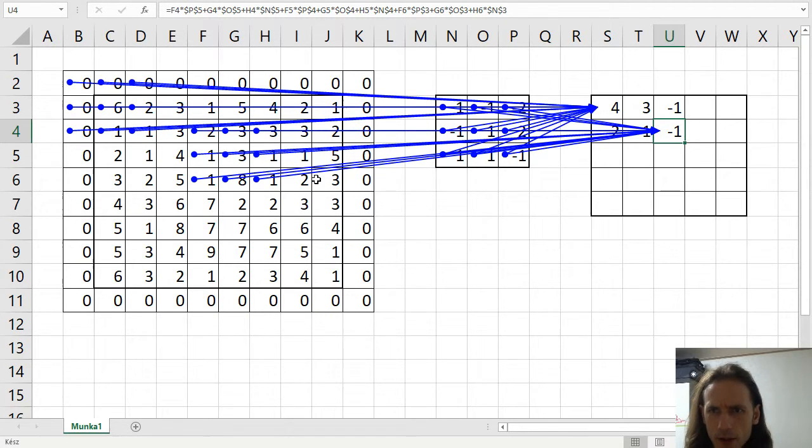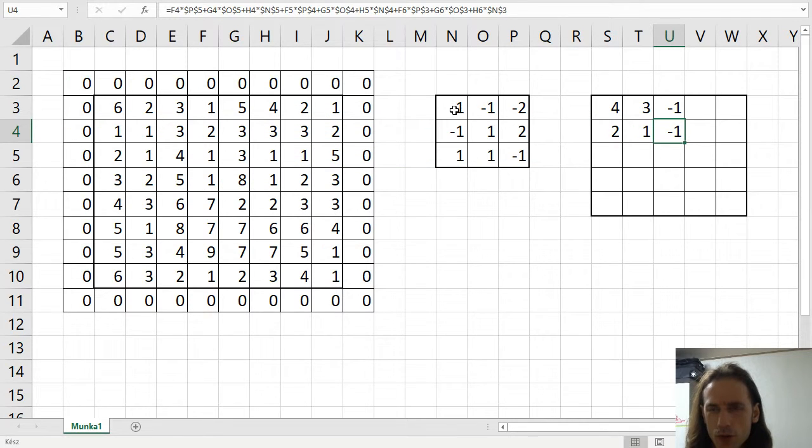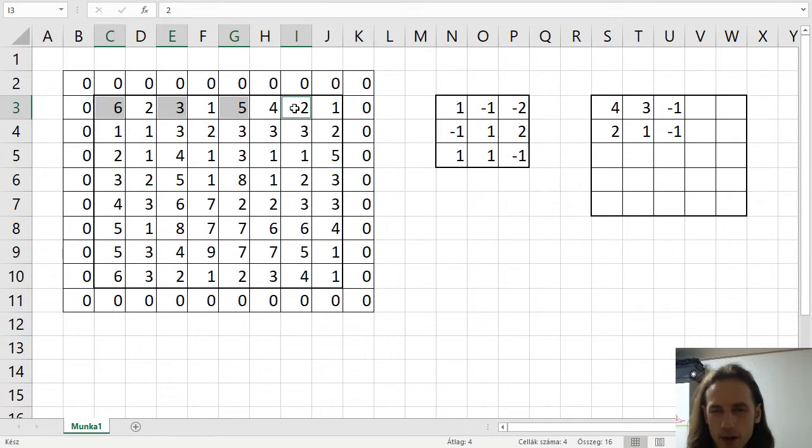But unfortunately, it cannot really show what I want to show. If I want this element of the kernel, which will be this multiplied by this one, it will be this one, this one, this one. Am I right? Yeah, this is the central element, so this will get these parts.